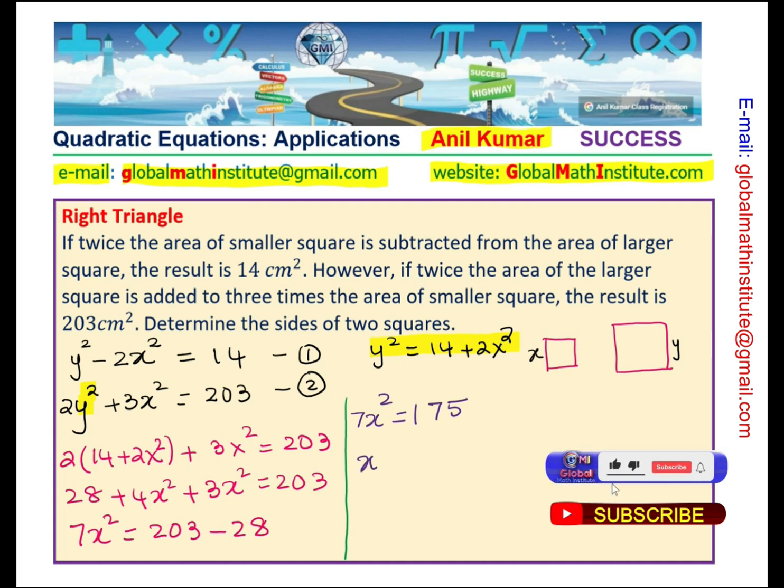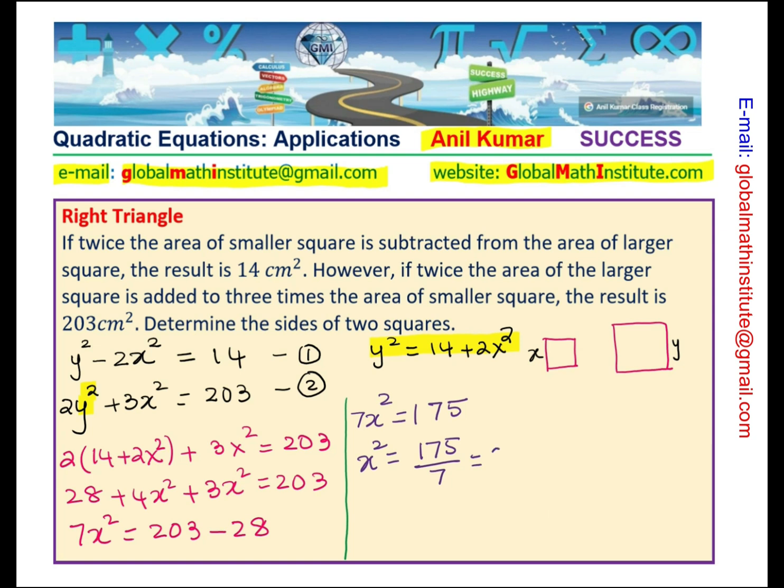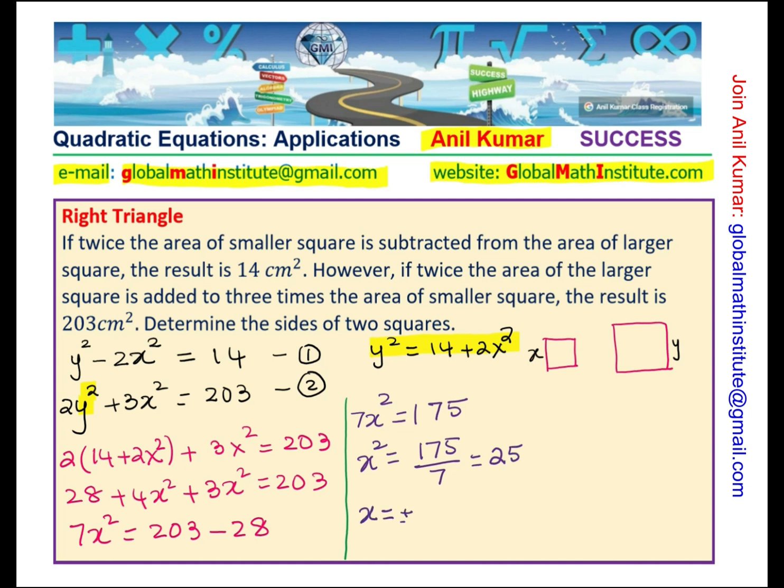So x square is 175 divided by 7, which is 25. So we get x as plus or minus the square root of 25. Negative values cannot be the dimensions, that is an extraneous root, so we'll take x equals 5. Minus 5 is extraneous. So we get the value of x.